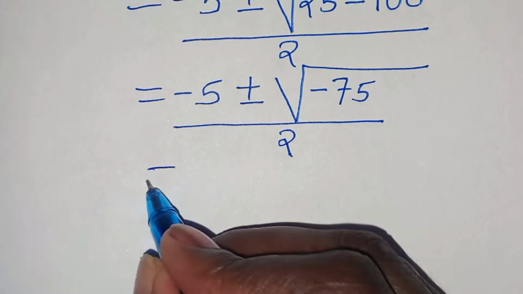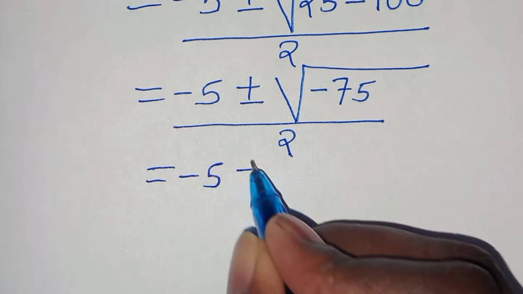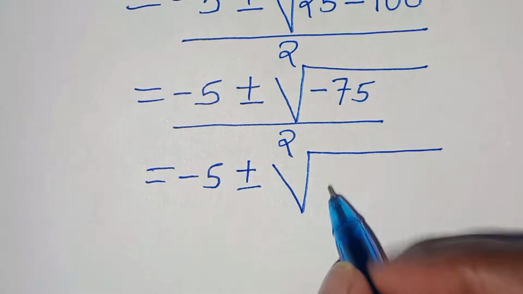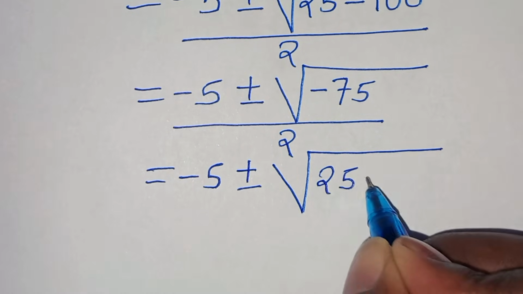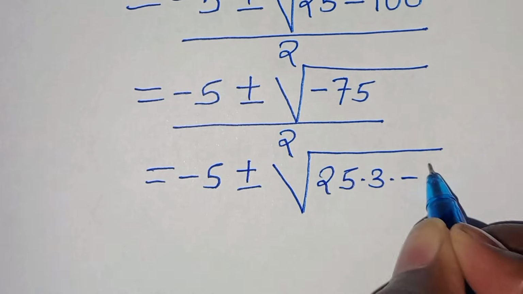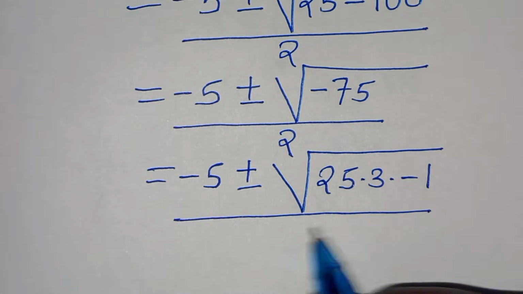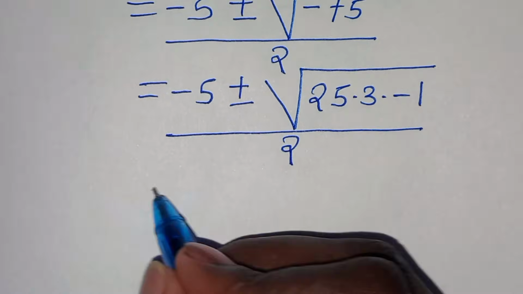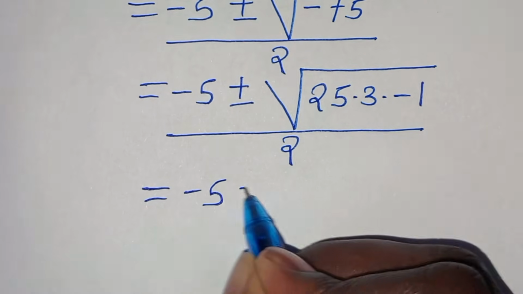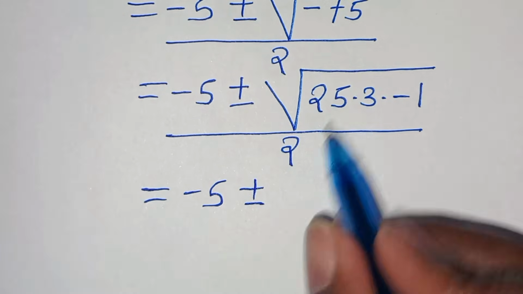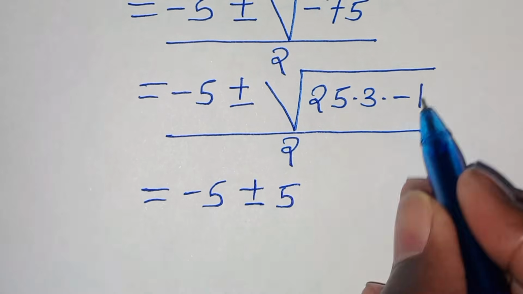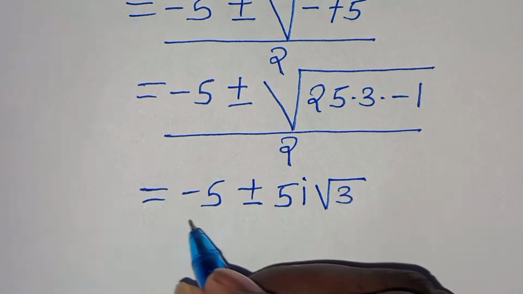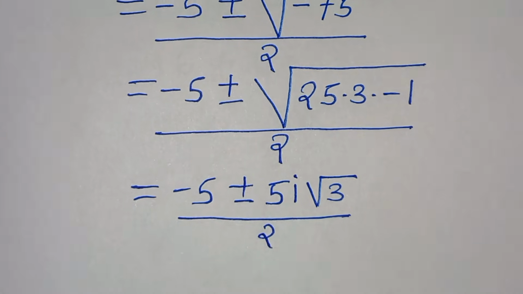Now this is minus 5 plus or minus the square root of minus 75, which we can express as 25 times 3 times minus 1, everything divided by 2. So this is minus 5 plus or minus the square root of 25, this is 5, square root of minus 1, this is i, then square root of 3, everything divided by 2.